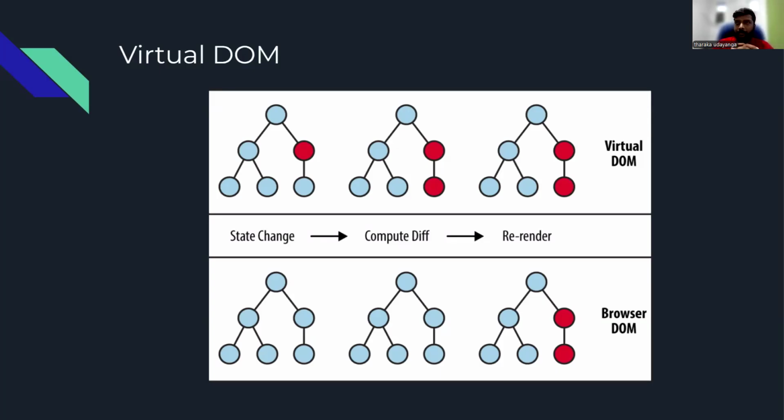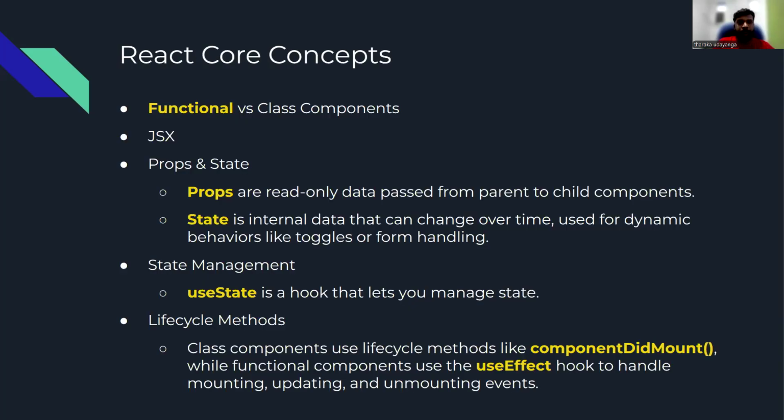This compare process we call reconciliation, and they follow an algorithm called diffing to compute the difference between the old virtual DOM and the new virtual DOM. That's the main thing they are following. Because of this, React has better performance than a regular application. Okay, now we can go to the React core concepts.